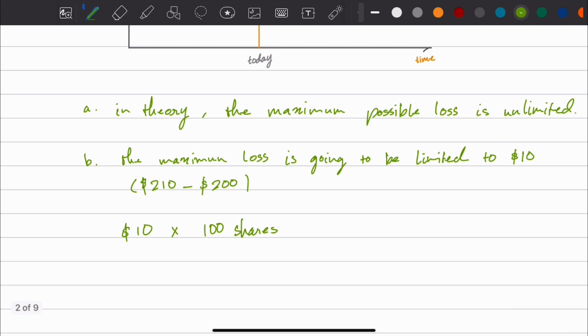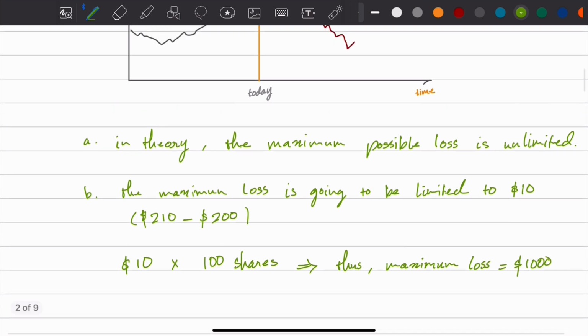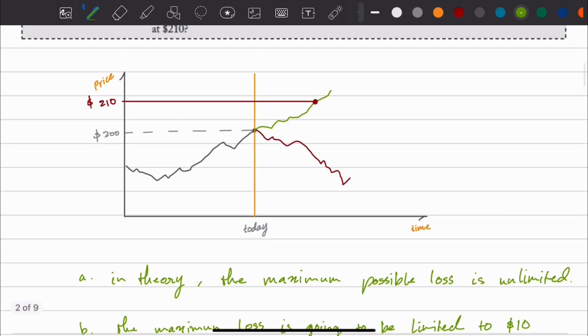Okay. Thus, maximum loss is going to equal $1,000.